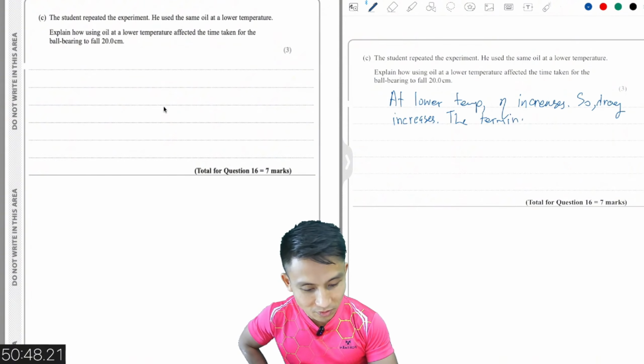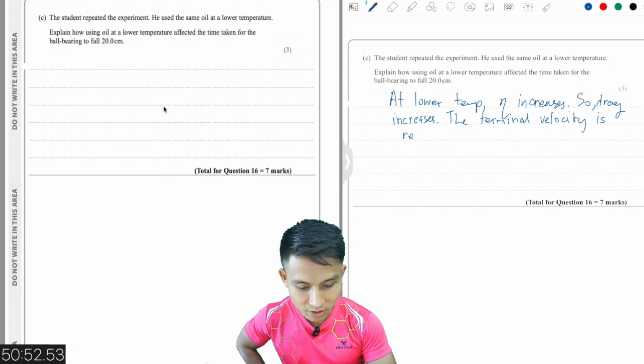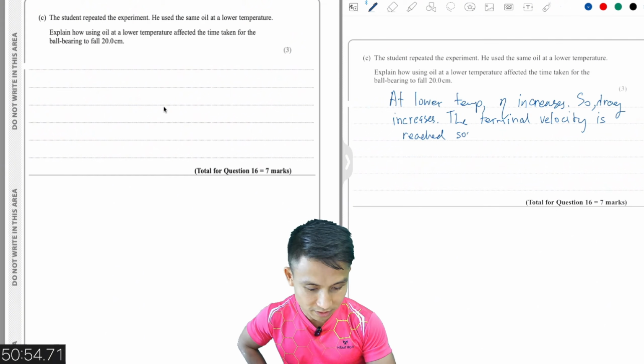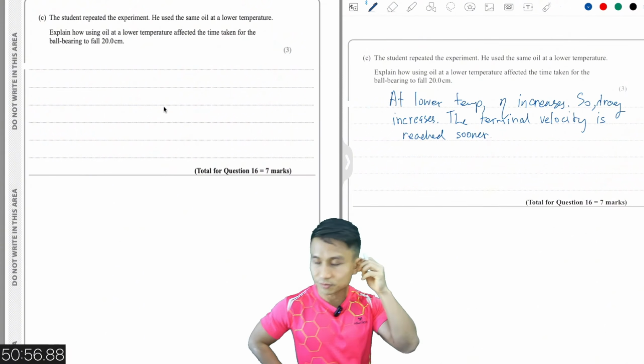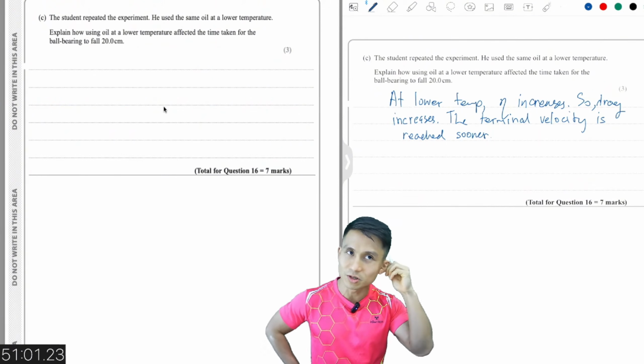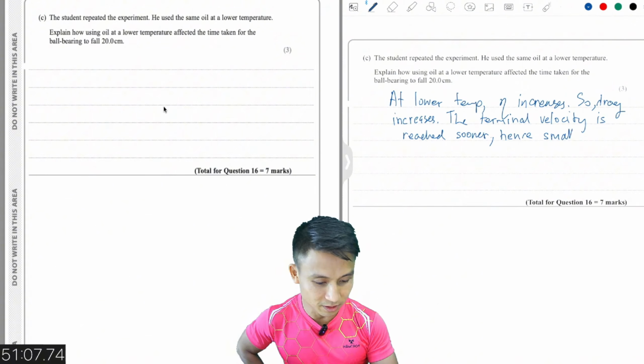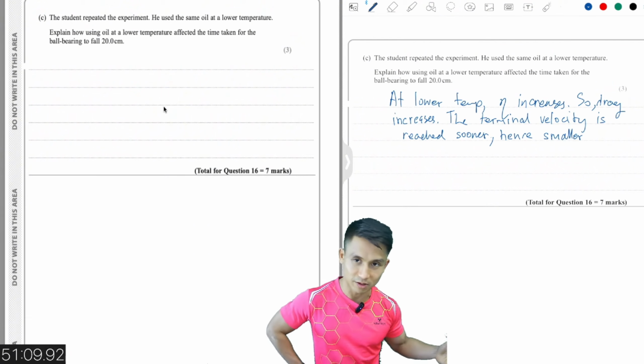So the terminal velocity is reached sooner, right? When it is reached sooner, the final terminal velocity, therefore hence, is smaller. The terminal velocity would be smaller than before.